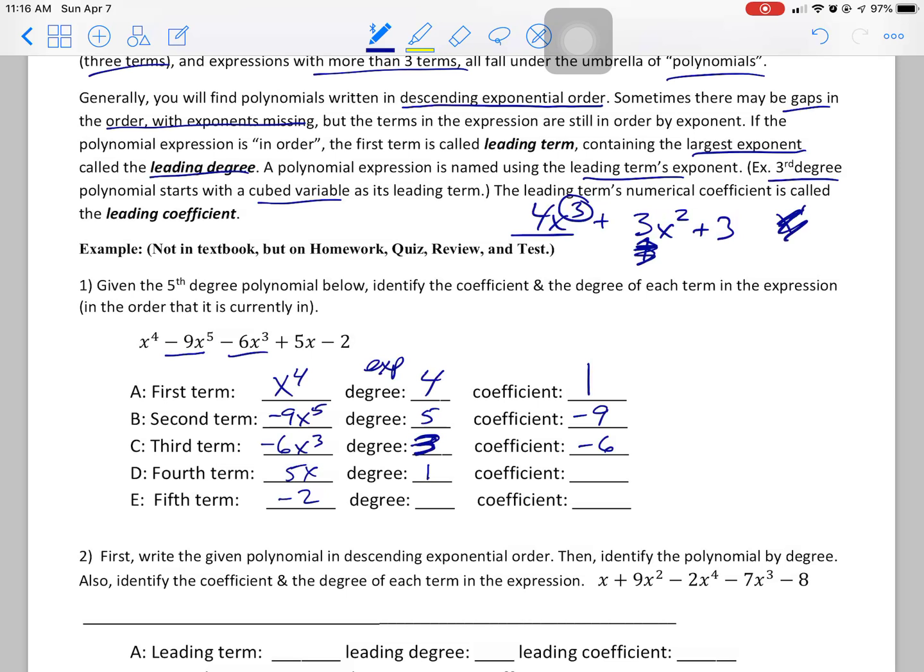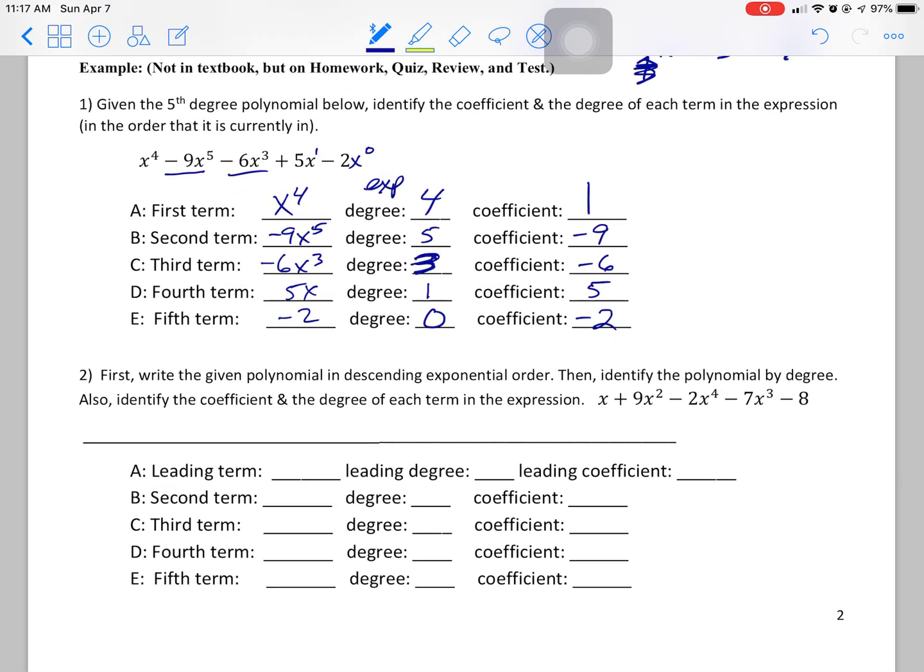The number in front is a positive 5. The fifth term is a negative 2. Its degree. Think about it. This is a 1. The 2 is missing, so this is a 0 degree, with a negative 2 as a coefficient. Don't forget that negative.